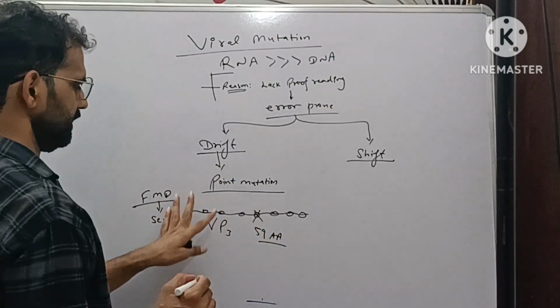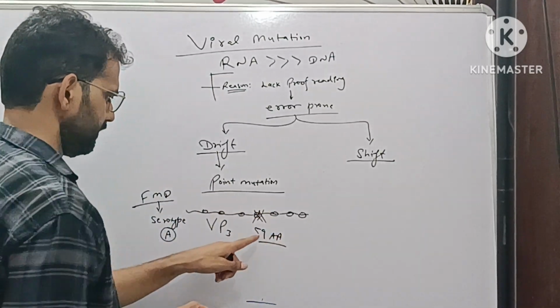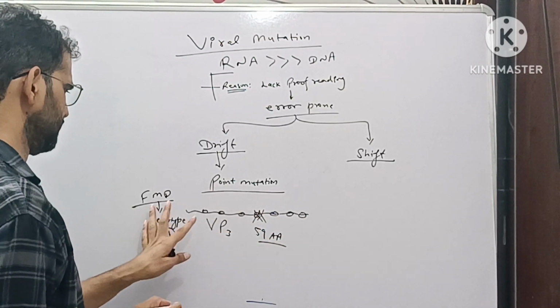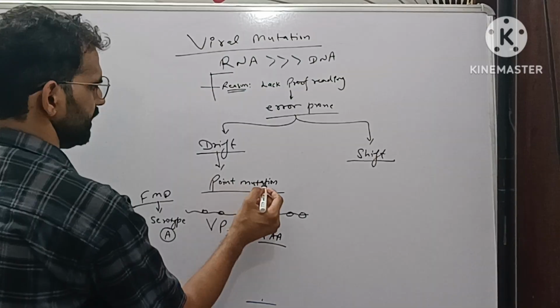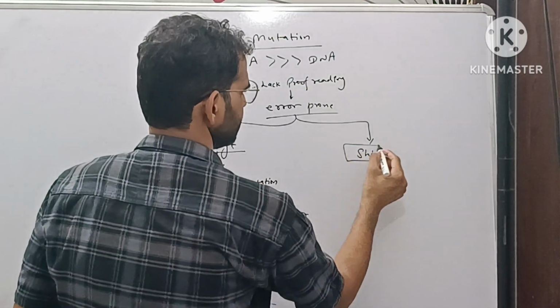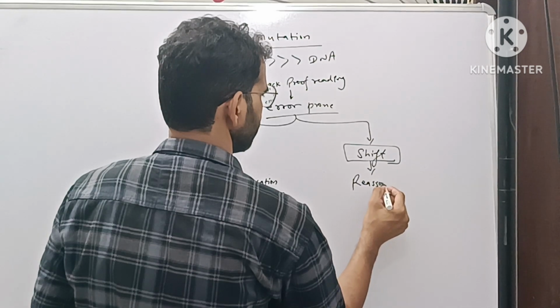This 59 amino acid deletion in this protein is an example of point mutation. Then antigenic shift. Shift is because of reassortment.